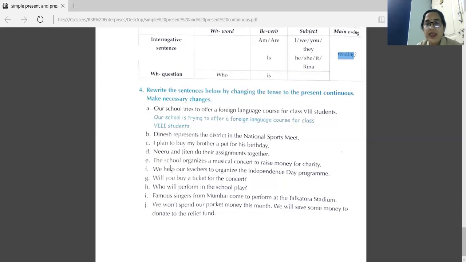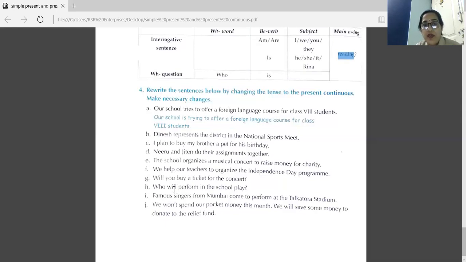Now the school is organizing, and the rest of the sentence as it is, a musical concert to raise money for charity. Fifth, we help our teachers to organize the Independence Day program. Your answer is, we are helping our teachers to organize the Independence Day program. You have to change help to are helping, only that.